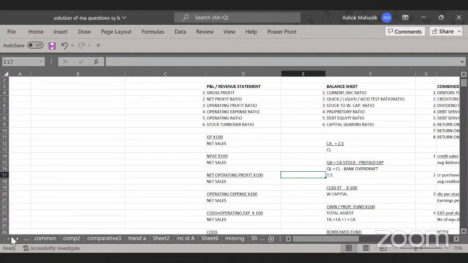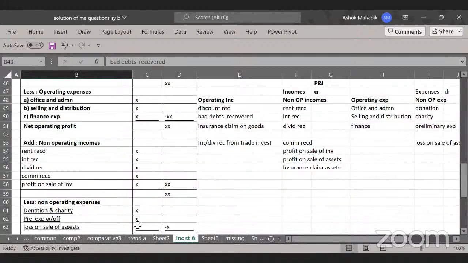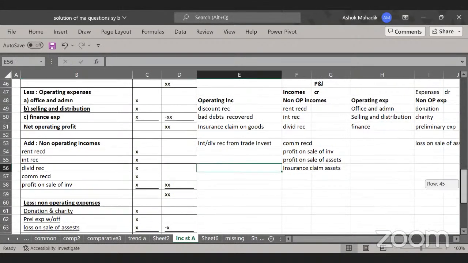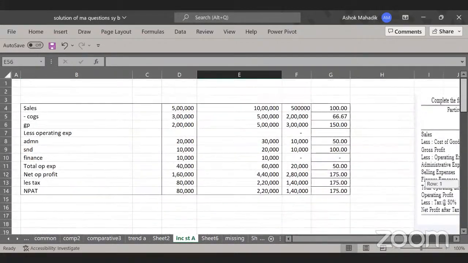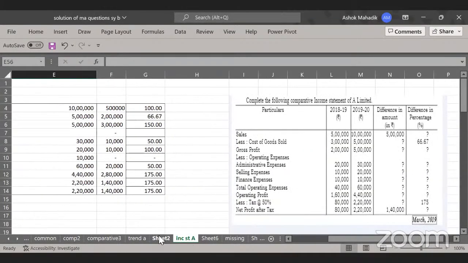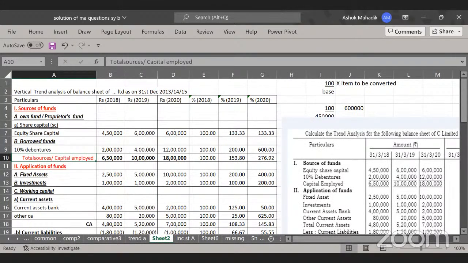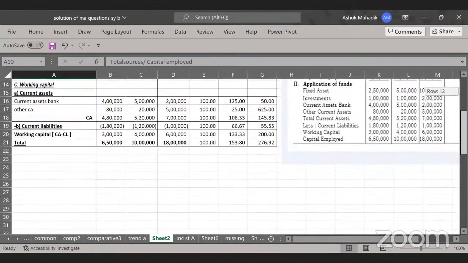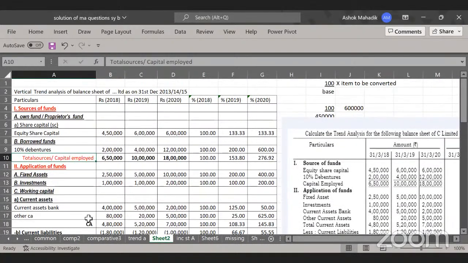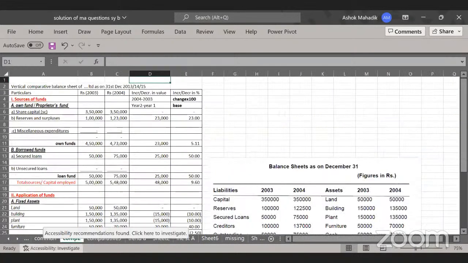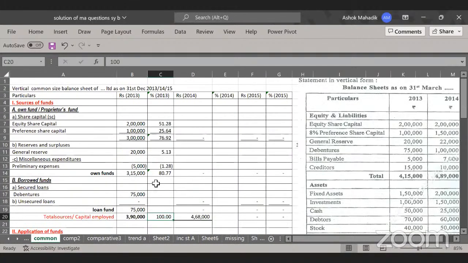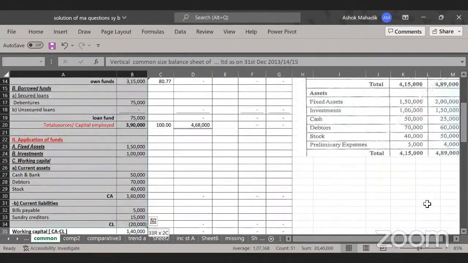Give me a minute. Just copy figures there. That sum.